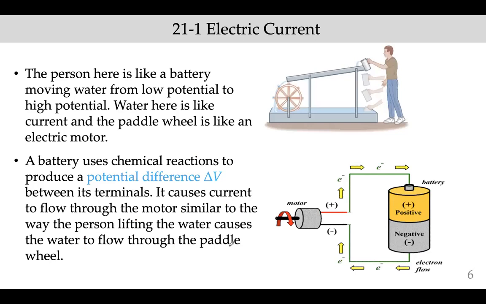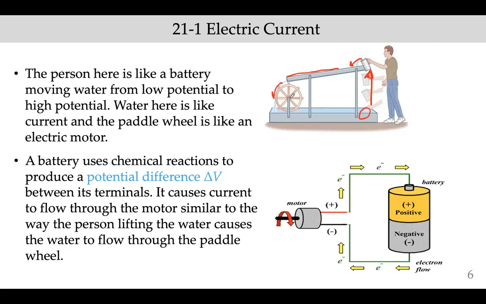So let's go with the analogies again between electricity and other mechanical or water setups. The person here is like a battery moving water from low potential to high potential. This person takes water from here and raises it, then pours the water here, and the water flows and turns this paddle.